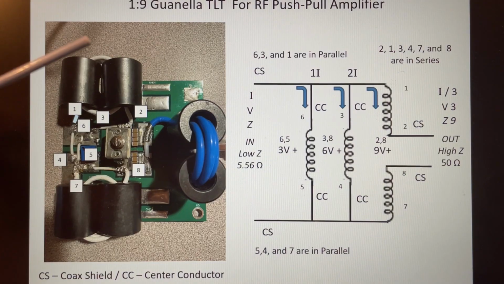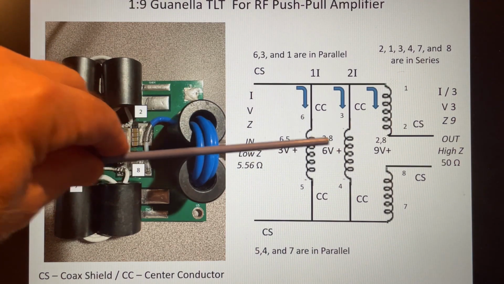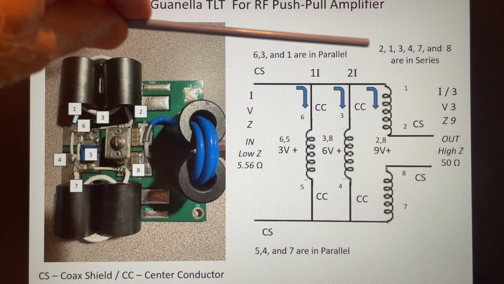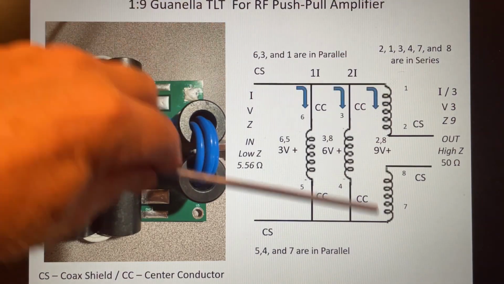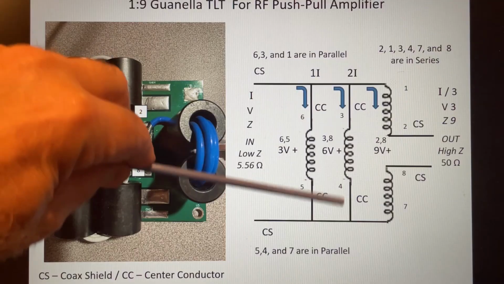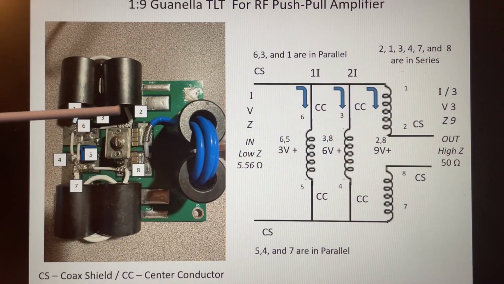And these are my measurement points: between 5 and 6, 3 volts, and then between 3 and 8, 6 volts, and then between 2 and 8, which would be these series resistors, we're measuring 9 volts. So that just makes it a little clearer on how I took the measurements on the board.